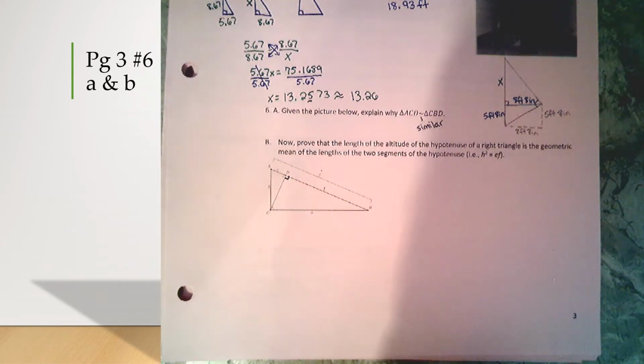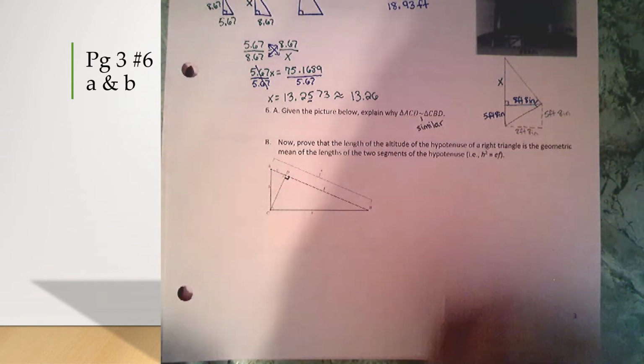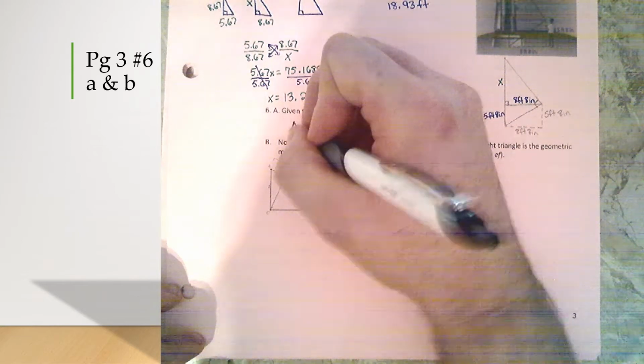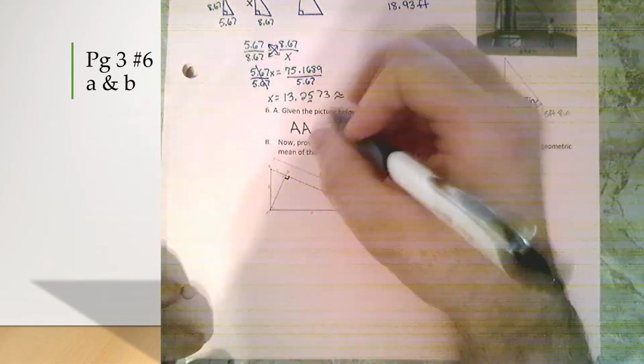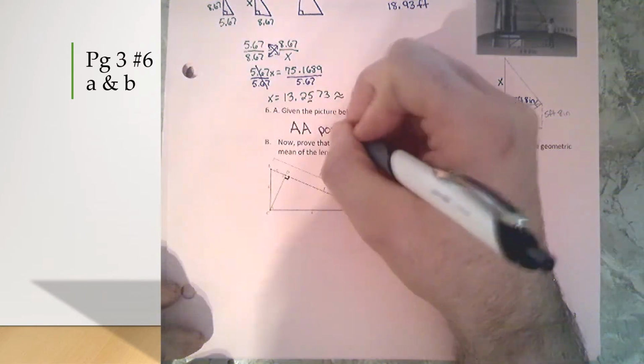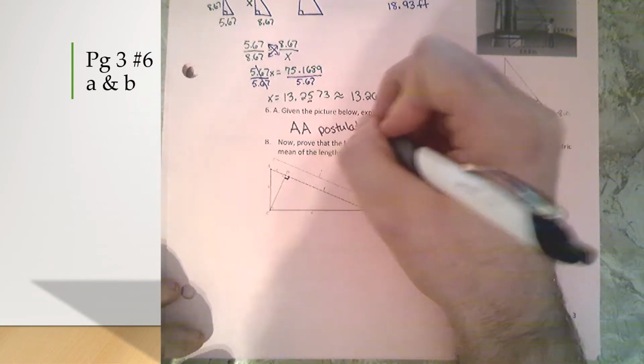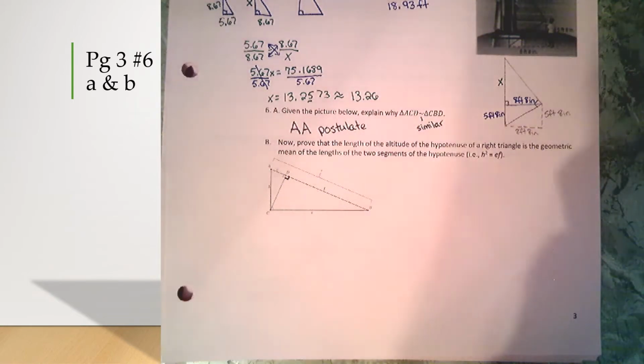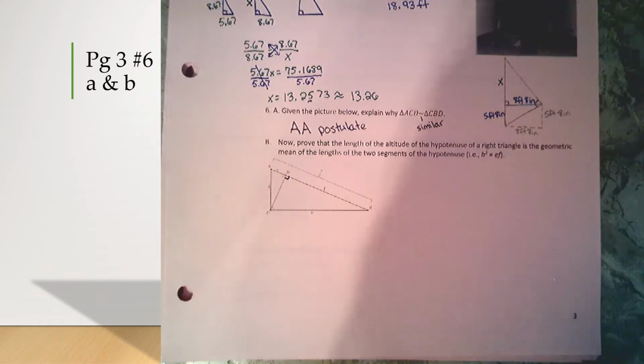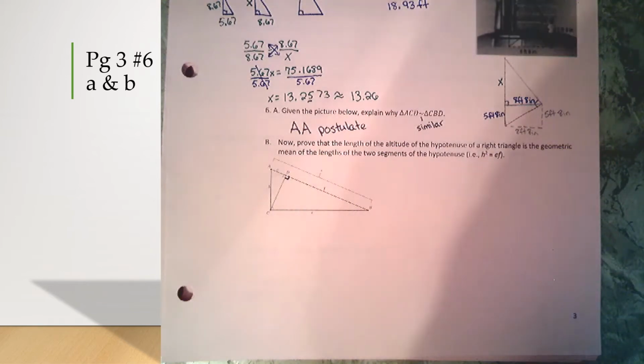Because they have at least 2 angles that are congruent with each other, that means that they are similar because of the AA postulate. So for part A, it's because of that AA postulate that we know that they are similar.